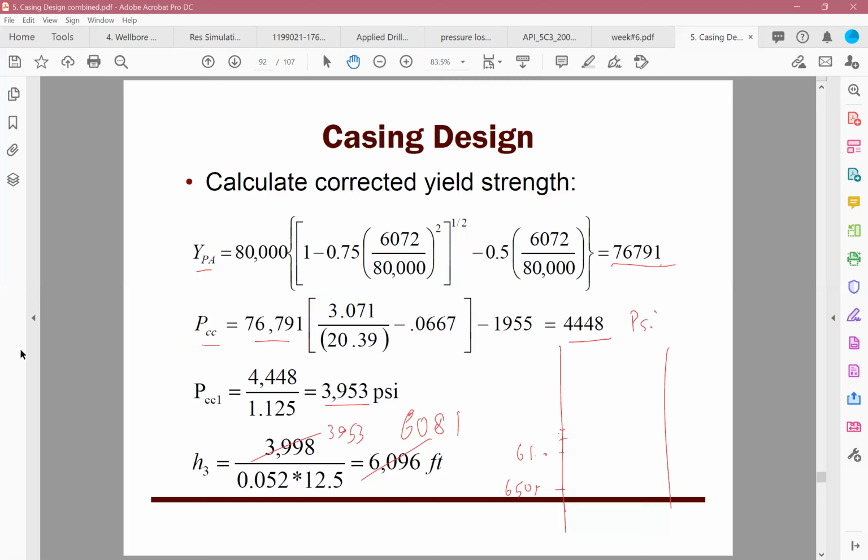We have set the casing depths of 47 pounds per feet by multiple iterations. The reason for iteration is that you have a different axial tension each time you do these calculations, so you need to redo the calculations, right? And that's how you design for collapse for these two casings.